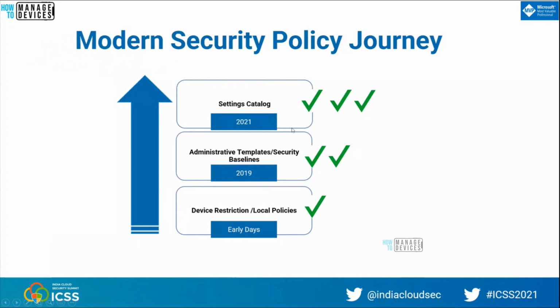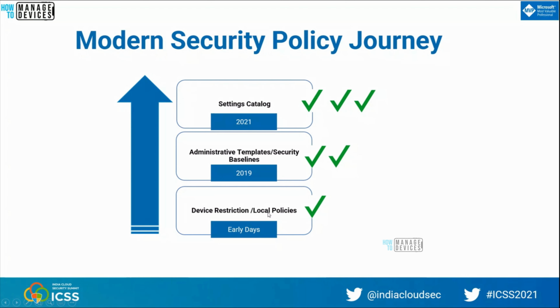Okay, just move on. So this is all about the modern security policy journey. When we started deploying security policies from Intune or Microsoft Endpoint Manager, MEM, it was all about device restriction policies. If there was a particular policy which you could not implement in a device restriction policy, then you needed to go with the local policy as a workaround.